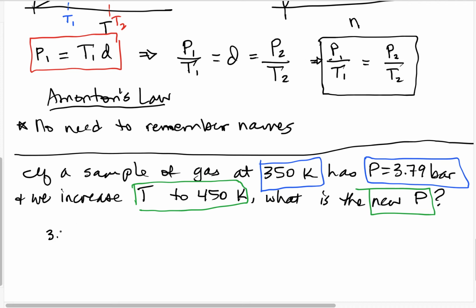So 3.79 bar goes with 350 Kelvin. And I'll put decimal places here so we know we can keep 3 decimal places. And we're solving for P2 divided by 450 Kelvin. So rearrange that.